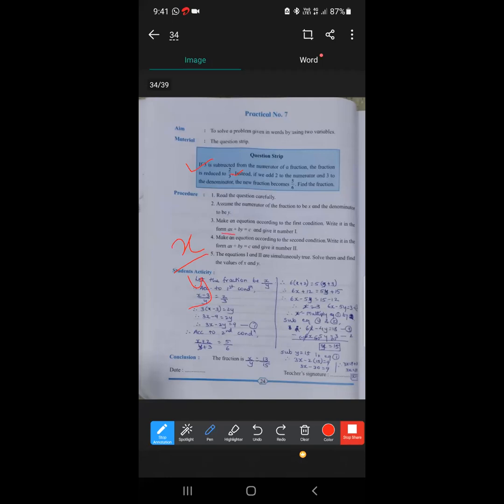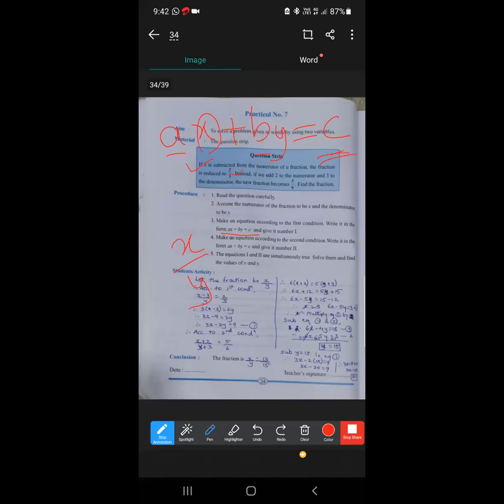Now this ax plus by equal to c is nothing but the standard form of linear equation in two variable. ax plus by equal to c, where a and b belong to the real numbers. That means it can be positive, it can be negative. x and y, here you can see they are the two variables and c is the constant.